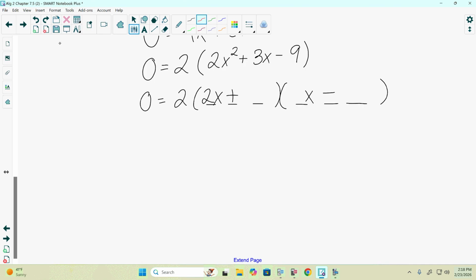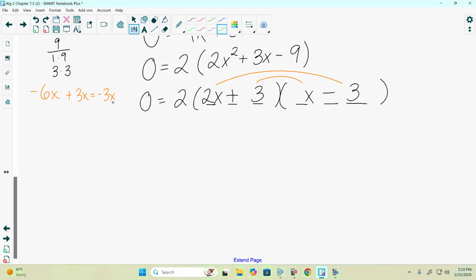Now our factors of 9 are 1 and 9 or 3 and 3. Which one do we want to try first? 3 and 3. And then we can check and make sure we have the correct factors. Now 2x times negative 3, 2 times negative 3 would be negative 6x. 3 times x is going to be plus 3x. And negative 6x plus 3x, negative 6 plus 3 is going to be negative 3.